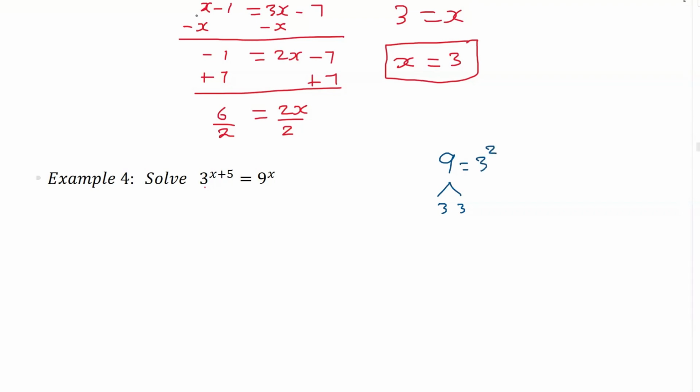All right. So therefore, let's rewrite the equation, but we're going to remove the 9 and put 3 squared. So that means you get 3 to the x plus 5 power. And I remove the 9 and put 3 squared. But remember, the 9 is being raised to the x power. Right? So it's 3 squared raised to the x power.